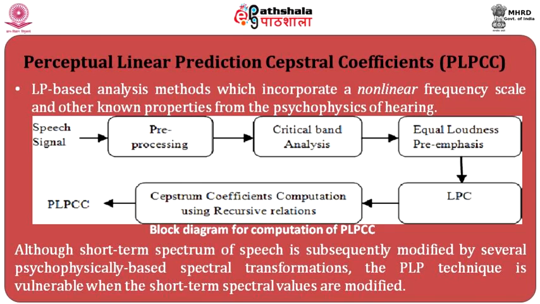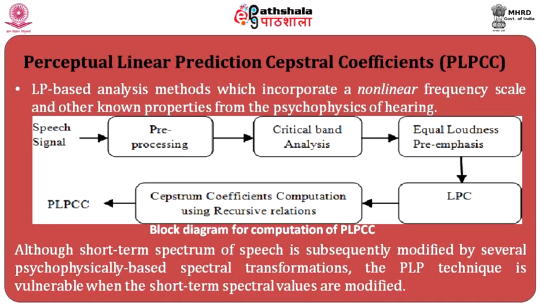The spectrum is transformed to a Bark scale, and this spectrum is pre-emphasized by a function which approximates the sensitivity of human hearing at different frequencies. The output is compressed to approximate the nonlinear relationship between the intensity of a sound and its perceived loudness.